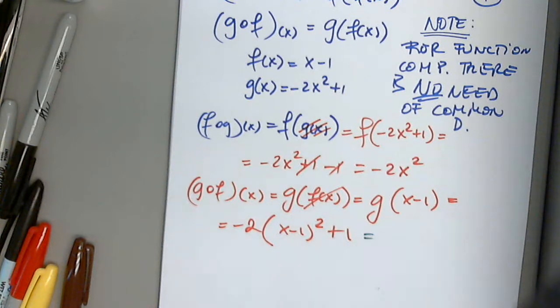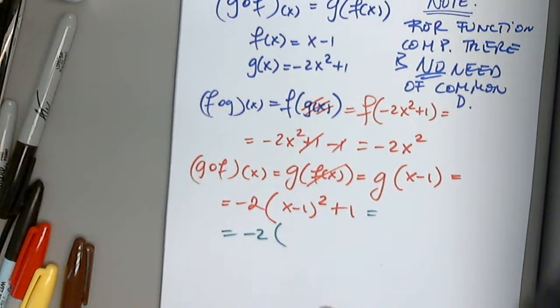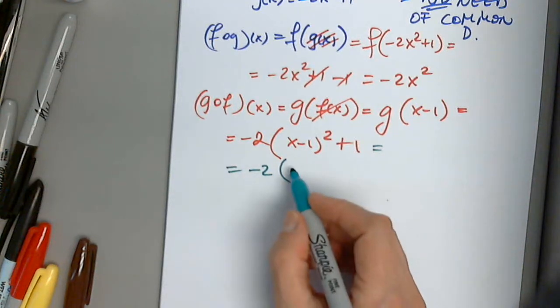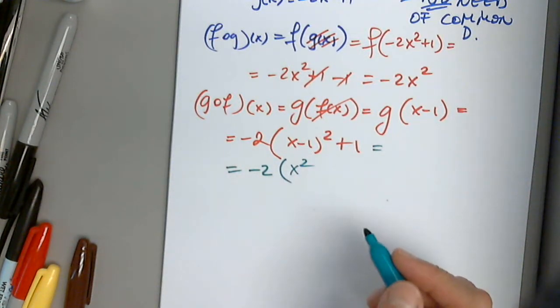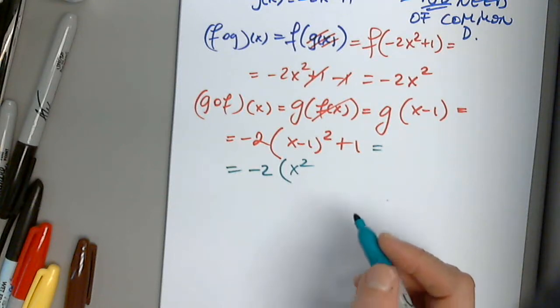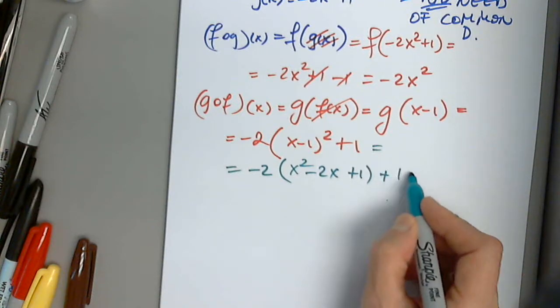Okay, so now I have to simplify it. When I square a binomial, what do I get? Trinomial. Very good, thank you. Minus 2x plus 1. Very good, thank you, Tamara.